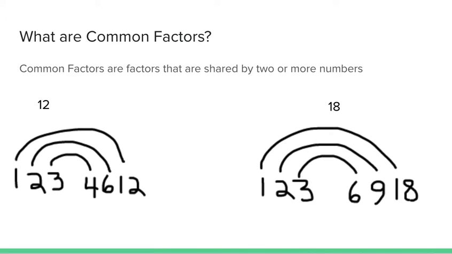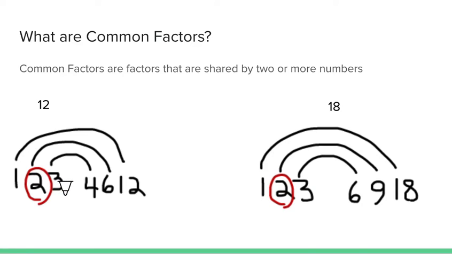Now, you might have already noticed, but they do have factors in common. We wouldn't usually circle the number 1, because it's pretty straightforward that all numbers have 1 as a factor. But we can circle all the other common factors. So they both have 2, so I'm going to circle both of those.